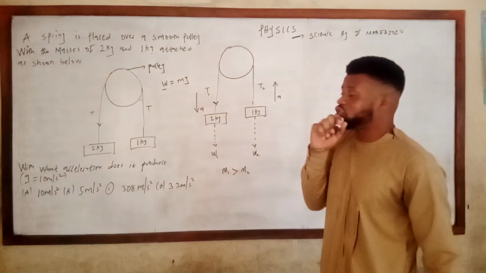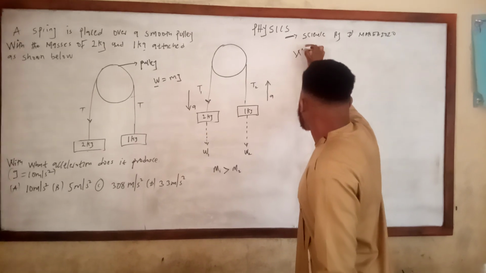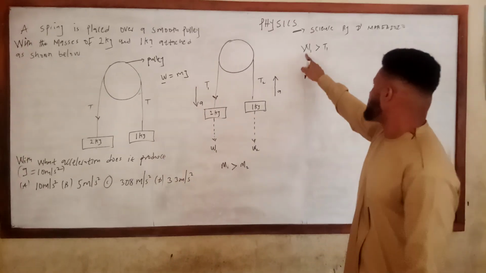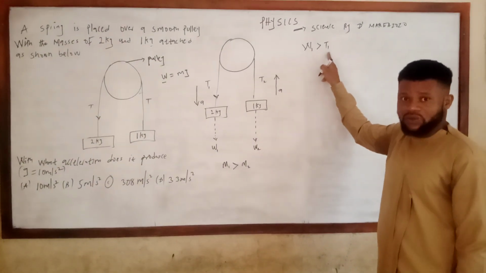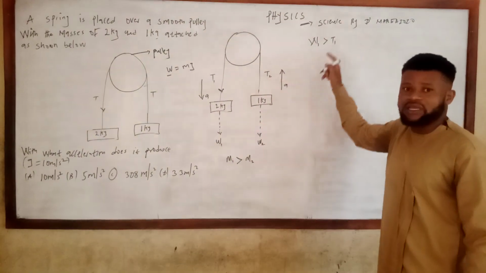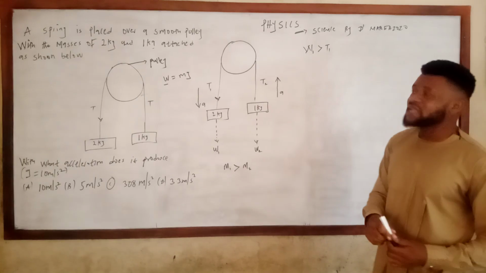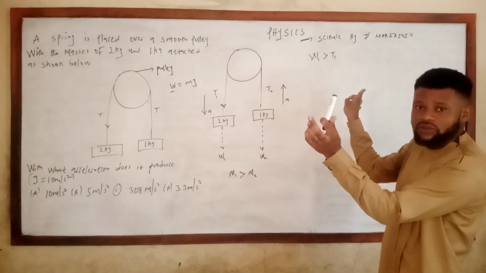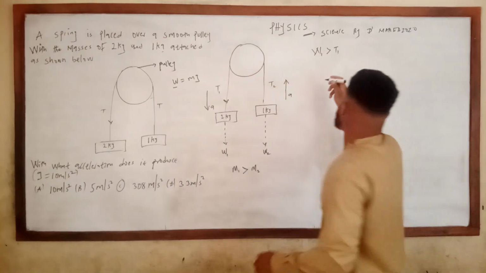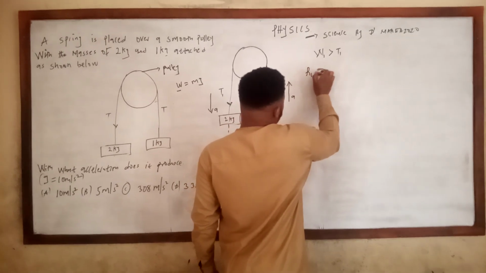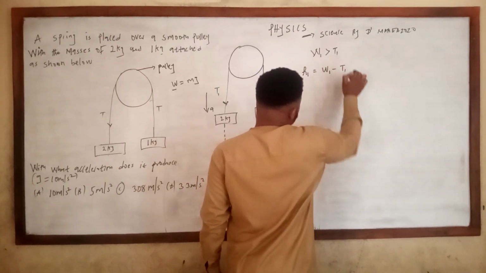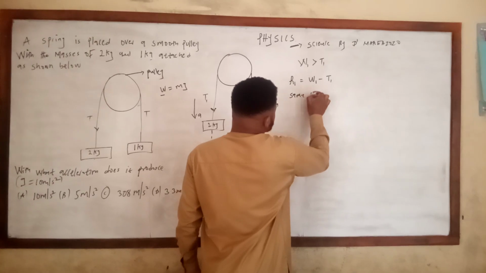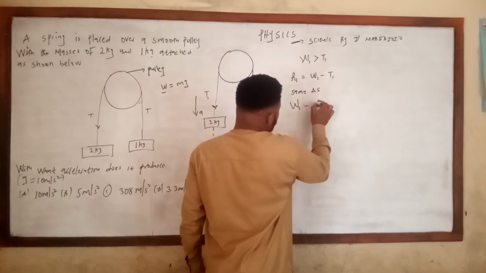For the downward motion, W1 is greater than T1. Don't forget, this is weight, this is tension, and both are forces. They act in opposite directions, so the resultant force is R1 equals W1 minus T1.